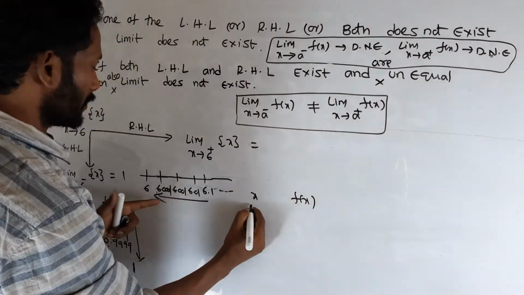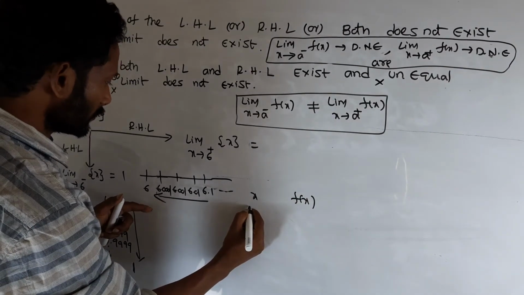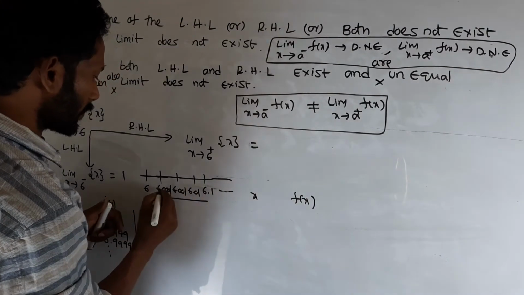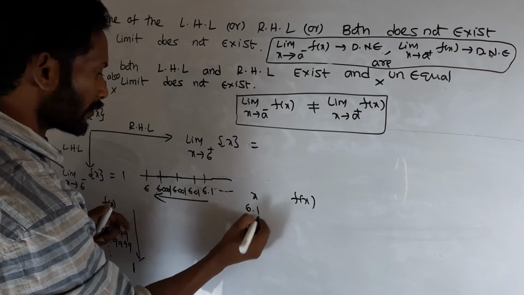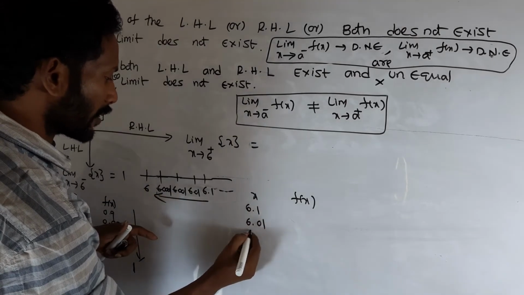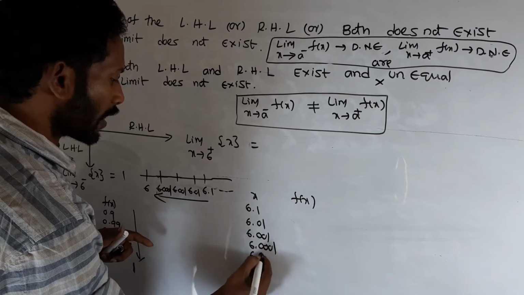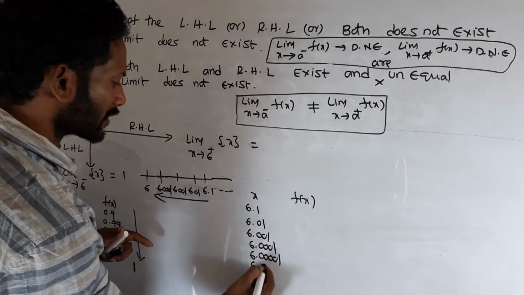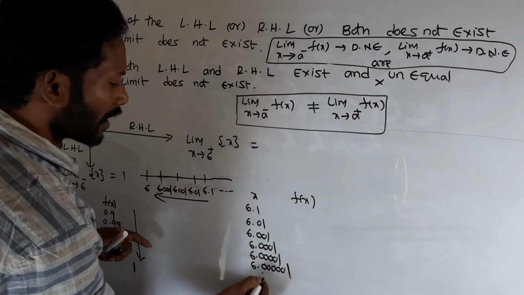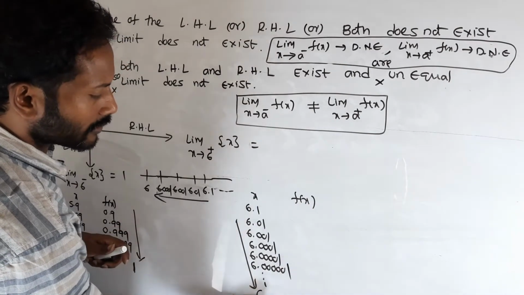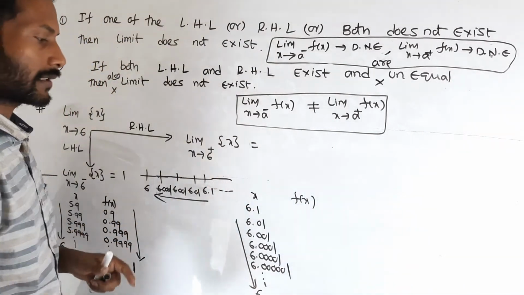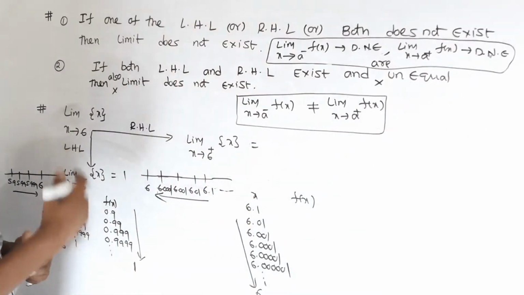Here x is 6.1. Next 6.01, 6.001, 6.0001, 6.00001, and so on. This one approaches 6. x approaches 6 from the right hand side.